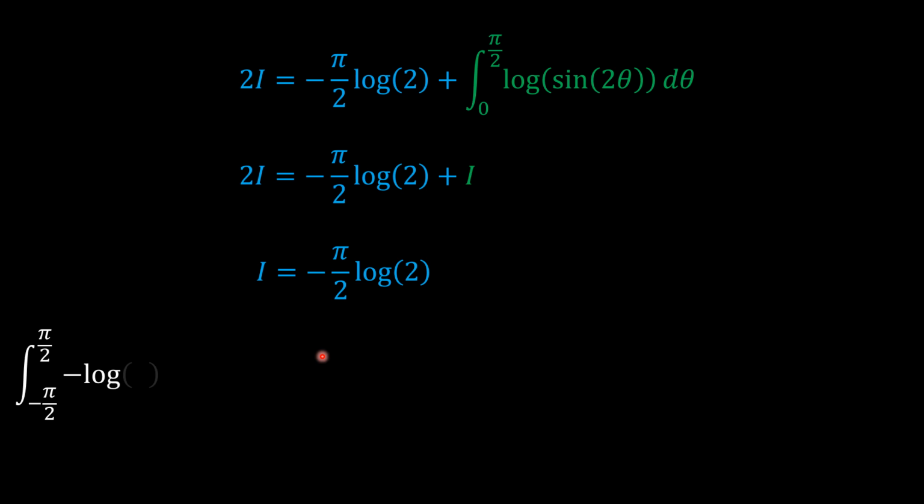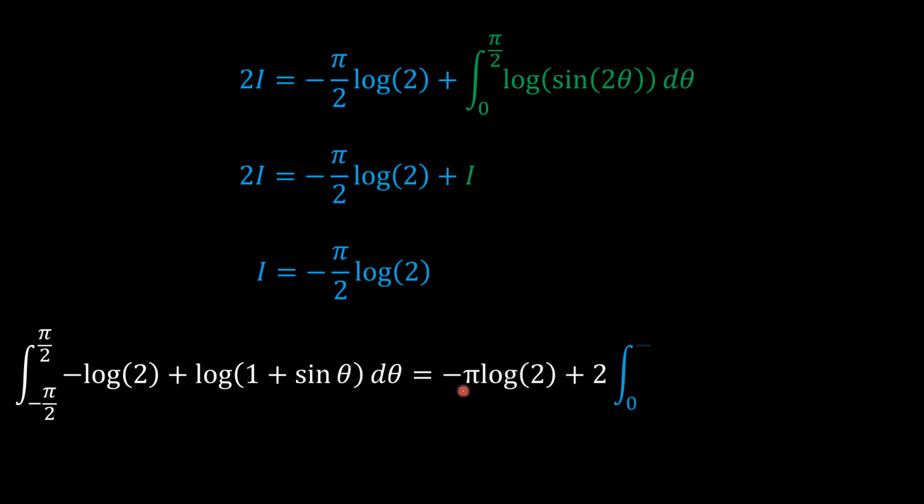But it's a popular integral that one needs to just have in mind, and it should be easily accessible when you're dealing with it. So our original integral had come to negative pi log 2 plus twice the blue integral, and we wanted to prove that this is the same as this. So we're just going to plug this here.